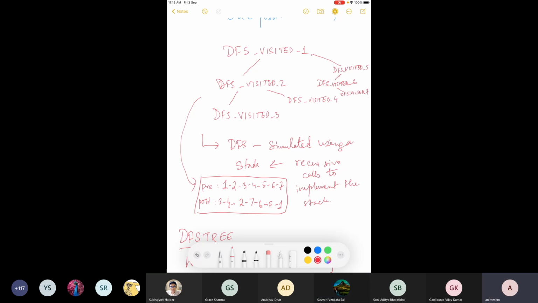The visiting mark is done. So we are only coming back to 2 to go to 4. You have already marked 2 as visited and you are recursively calling the function to visit all the neighbors of 2 one by one.